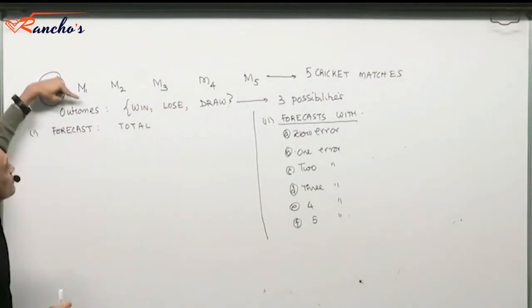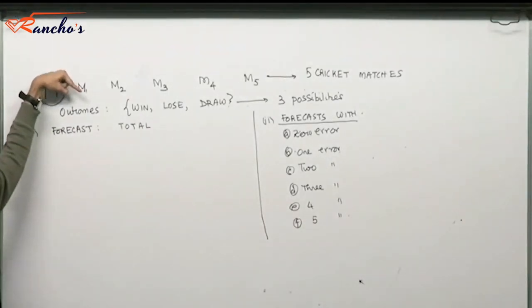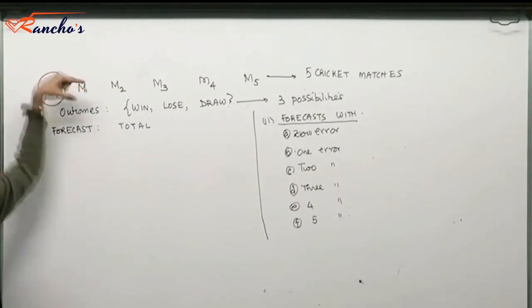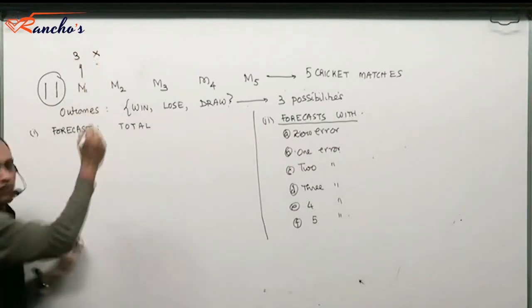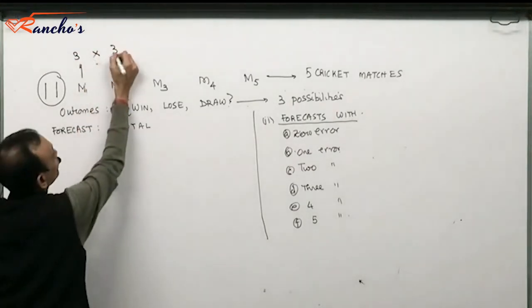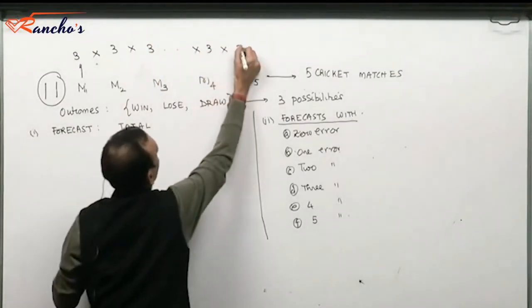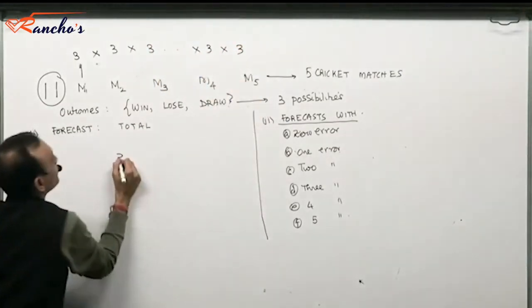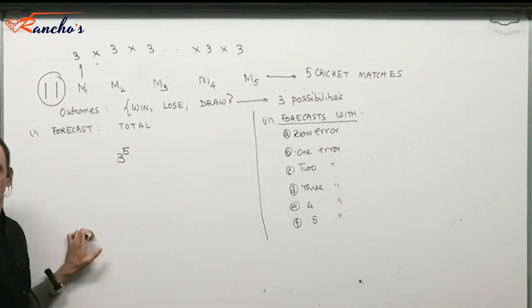So you could make a forecast for M1 in how many ways? 3 ways, because before the match you could say it could be a win, lose, or a draw. 3 ways for M1, 3 ways for M2, 3 ways for M3, 3 ways for M4, 3 ways for M5. So that makes it 3 to the power 5 ways. 81, 243.